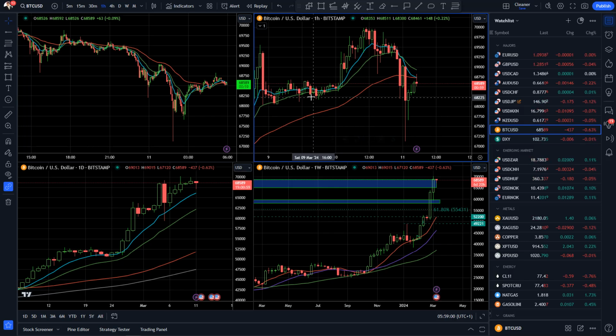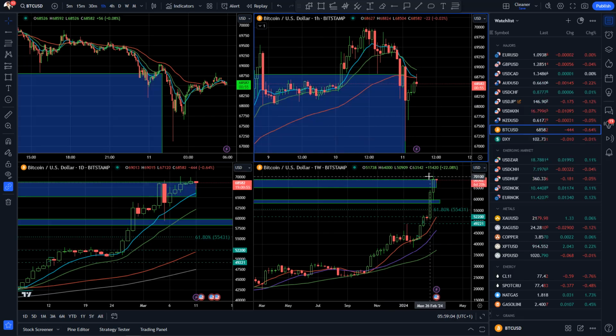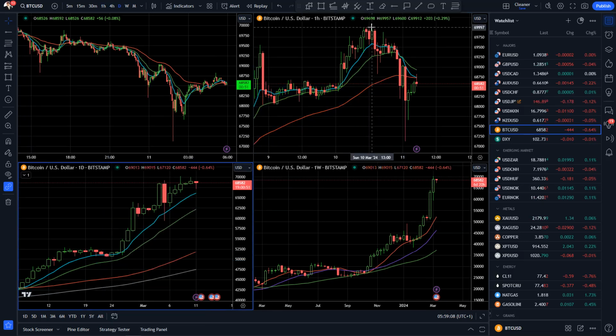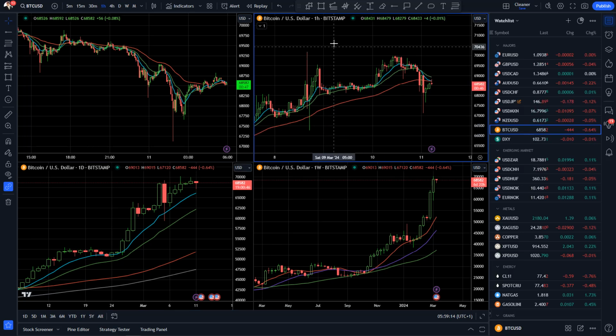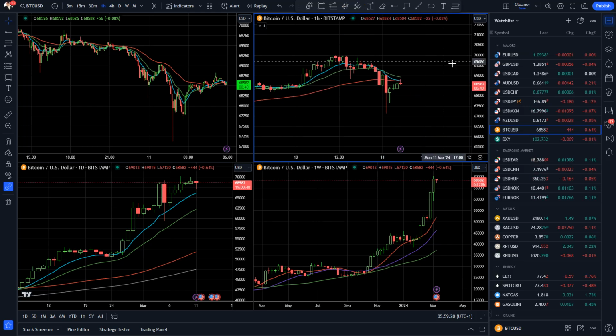Now Bitcoin versus US dollar, what we can see here is that the 70,000 mark is the key level to watch. On an hourly we had this down break, and so far we don't see the bigger absorption of this down move.